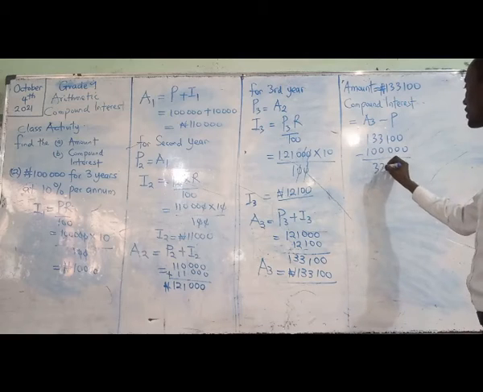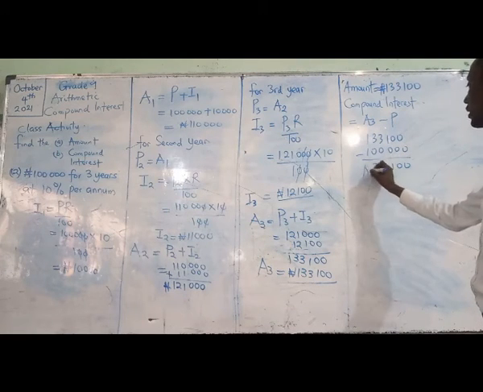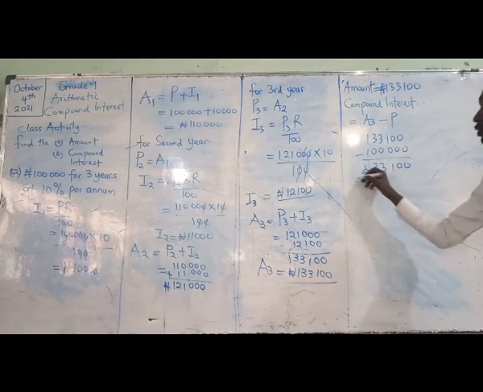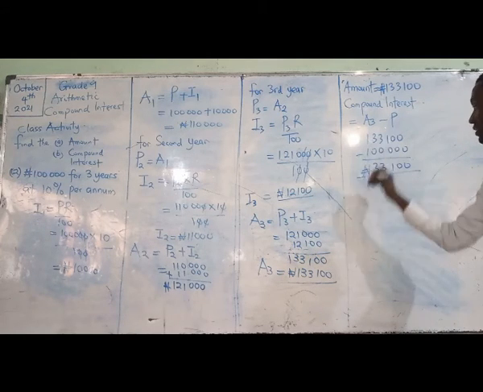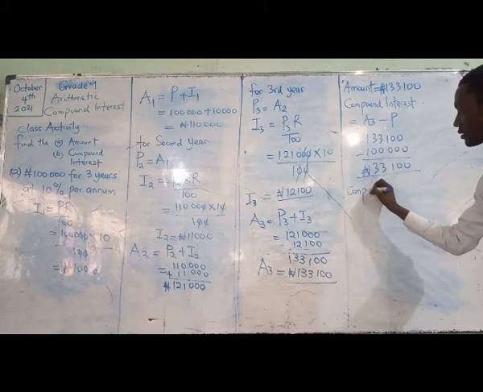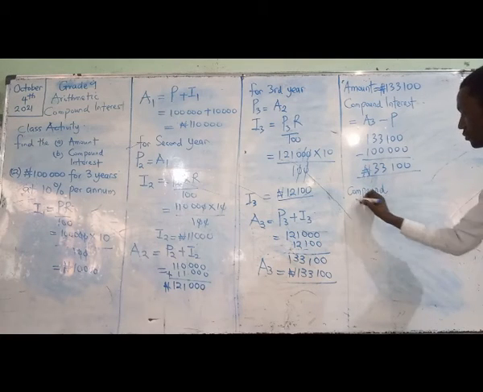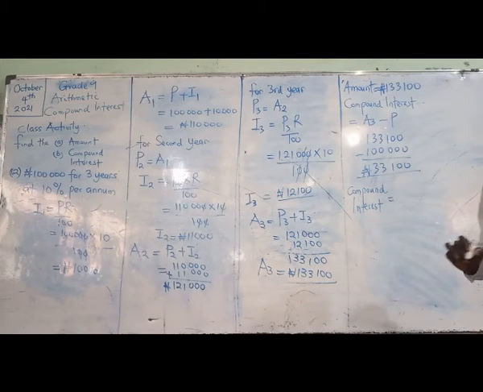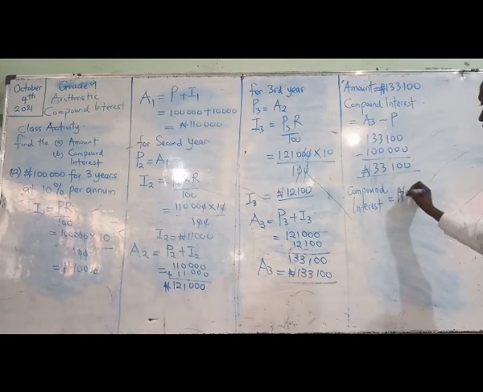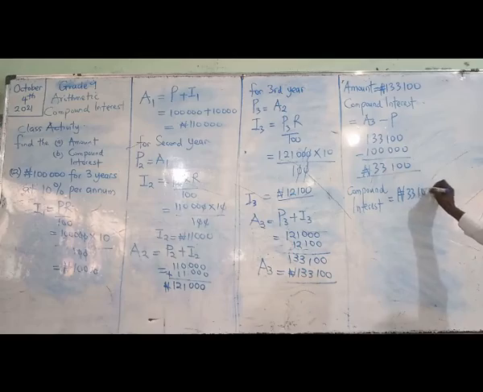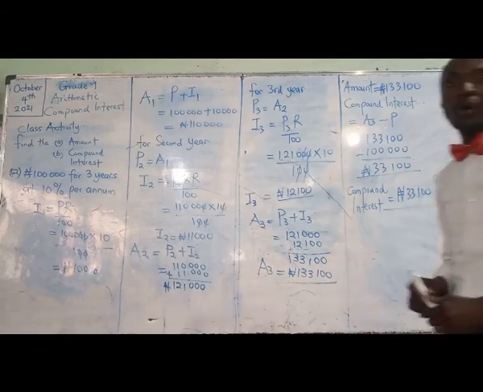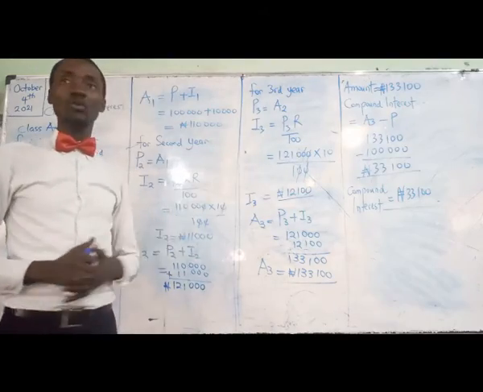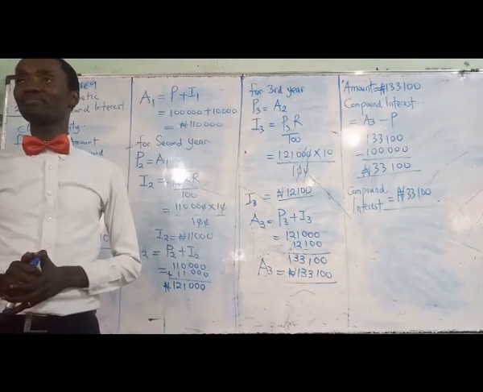So that will be 33,100. So the compound interest is equal to 33,100. So that's what the compound interest is going to be for this particular question.